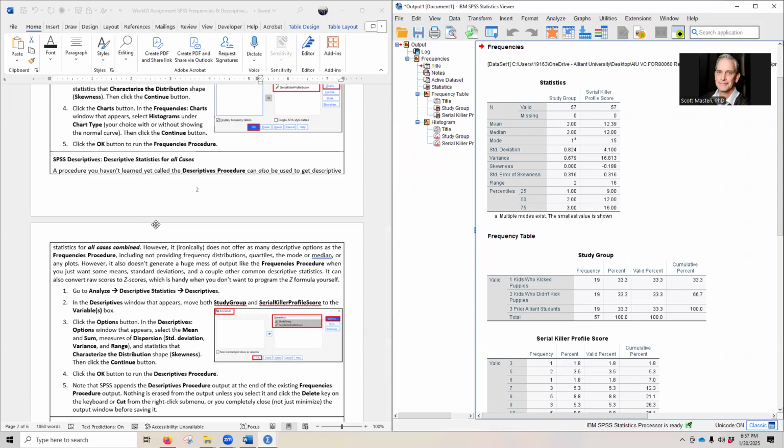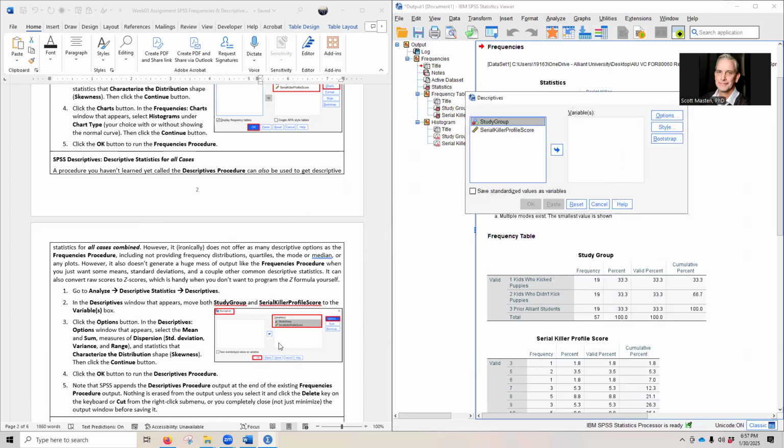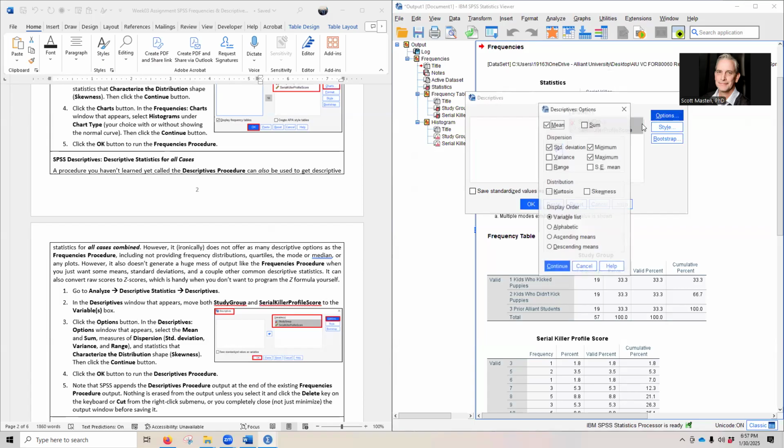You can also get descriptive statistics for all cases using Descriptive Statistics. So you go to Analyze, Descriptive Statistics, and Descriptive Statistics. And in the box on the right, you can throw over your variables again, so study group and serial killer. You automatically get several things in here, but let's take a look at what we get.